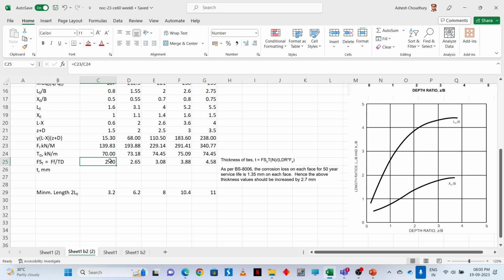Maybe if we want to keep the width as 2 meter, we can just reduce the number of layers to 4 layers, increase the spacing between the layers, and provide 4 layers, and then check again if in all those 4 layers this FS is satisfying or not.